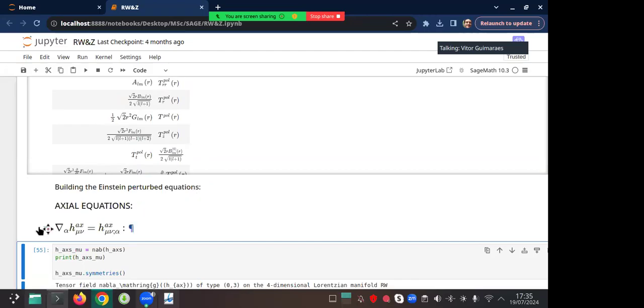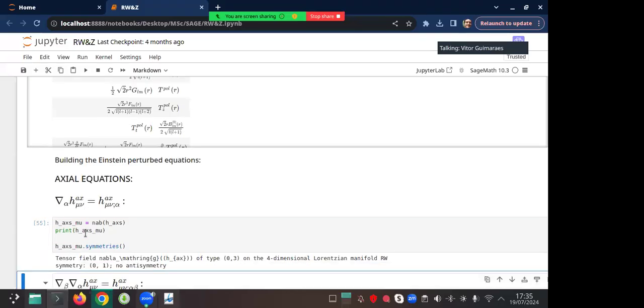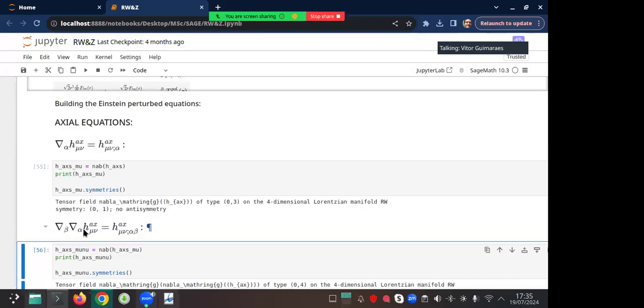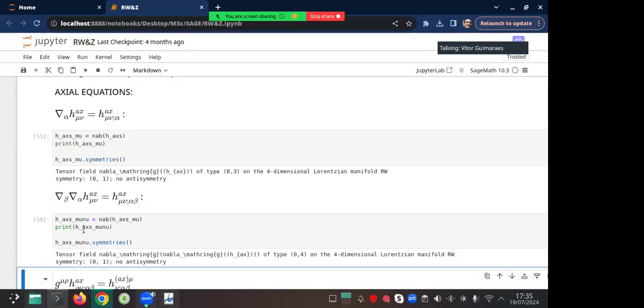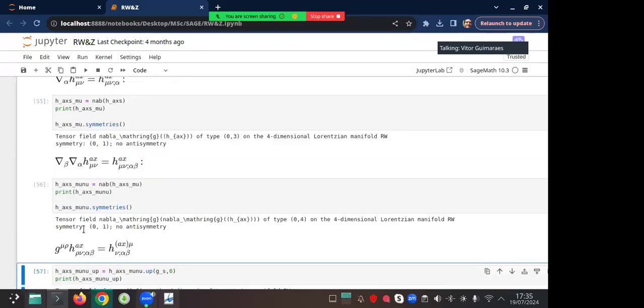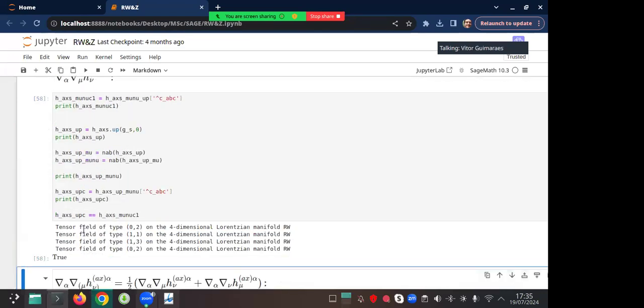Now we start to build the axial equations, right? Which is basically constructing the first and second covariant derivatives of the perturbations. And see here that I'm plugging in only the axial slash odd part, for the odd equations.